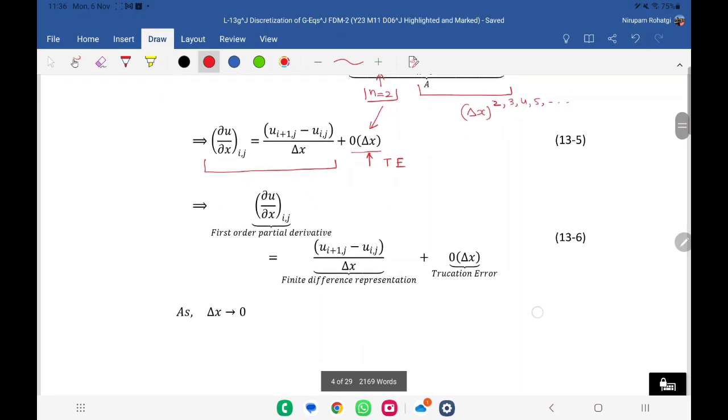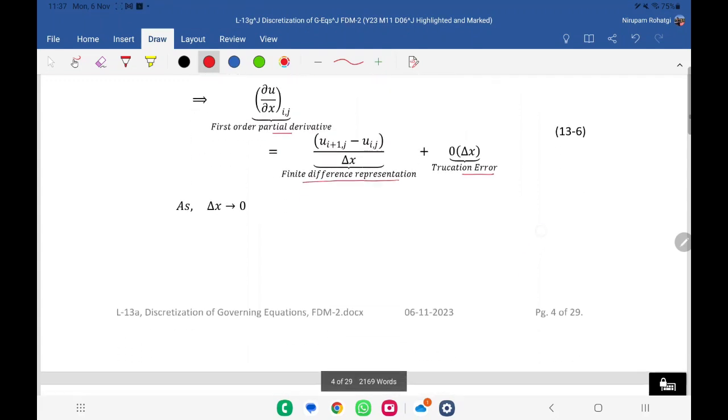You can represent your derivative. Now what is happening? This derivative, first order partial derivative, is represented in finite difference representation plus truncation error. So what you have done? You have converted the first order partial derivative into an algebraic equation which is called finite difference representation plus a truncation error.